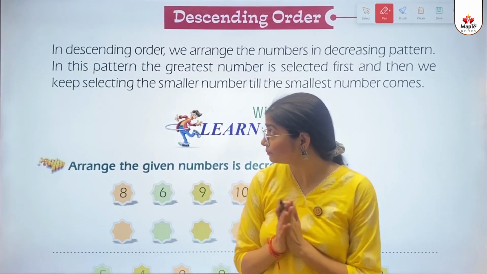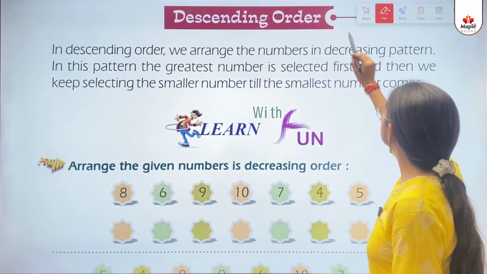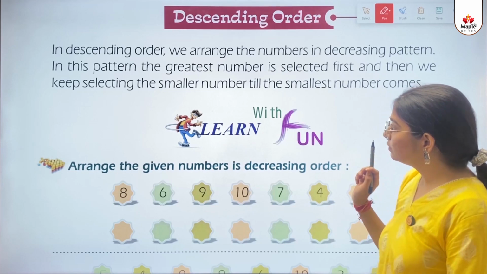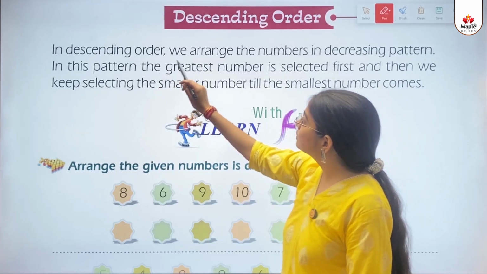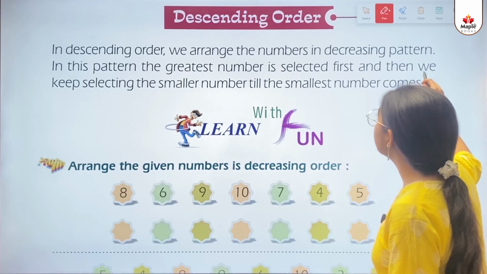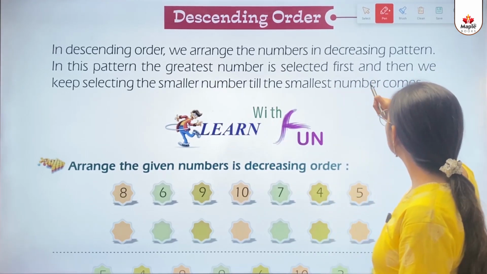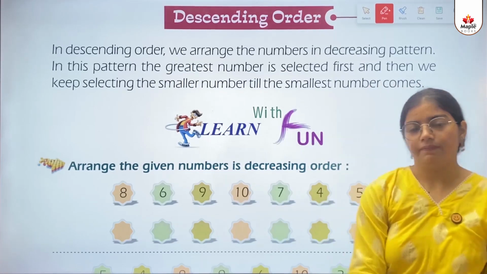Descending order. In descending order, we arrange the numbers in a decreasing pattern. In this pattern, the greatest number is selected first and then we keep selecting the smaller number till the smallest number comes.